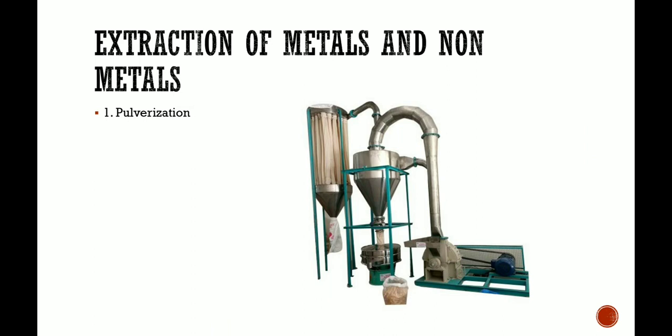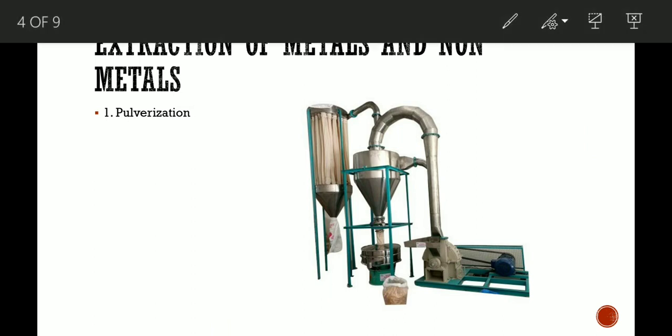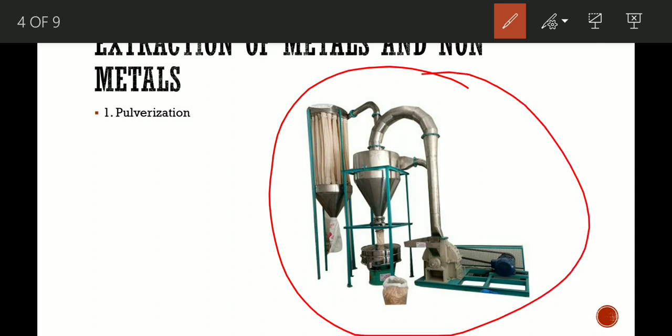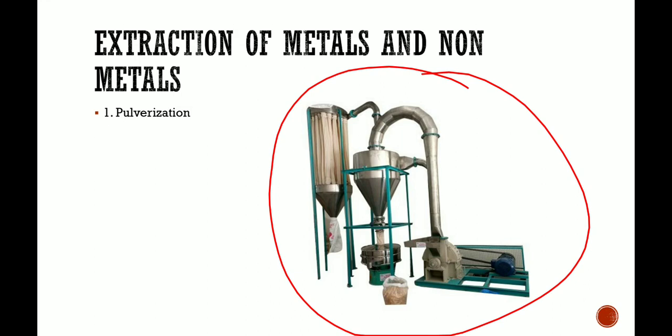The first method is pulverization. Now, what is pulverization? As you can see here, a machine which is called a pulverizing machine. Now, what's the use of this pulverizing machine?